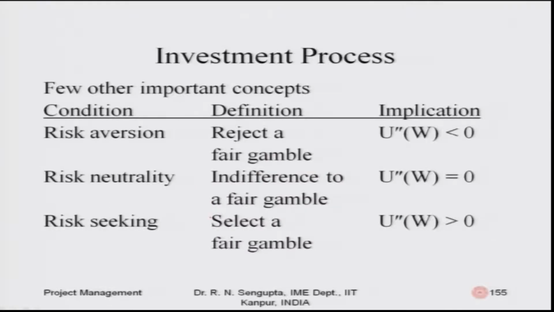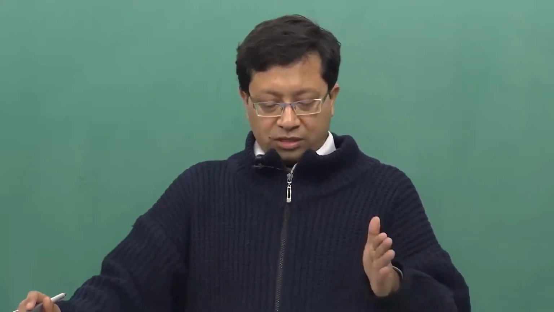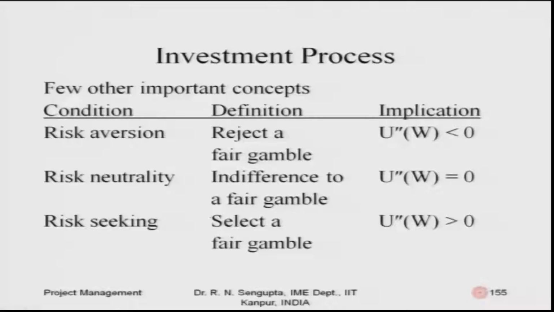Now, as I mentioned, the second derivative of the utility function with respect to the wealth is u double prime. If you consider the first column, the second column and the third column, it will give you an immediate sense of how it is explained. Risk aversion property would be a person who rejects a fair gamble, hence the second derivative is less than 0, because if the curve is like this, du dw is increasing, but is increasing at a decreasing rate.